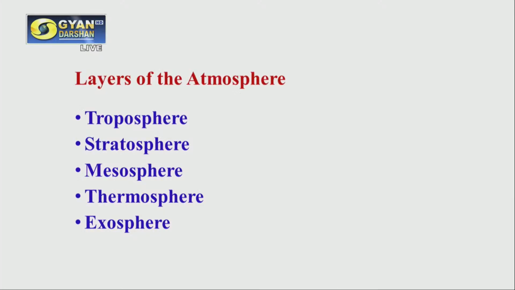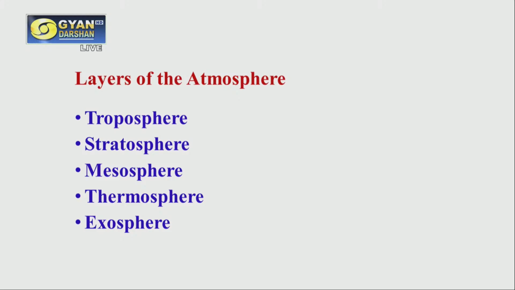Now let us talk about the layers of the atmosphere. As I told you, the atmosphere is a thin veil or blanket of gases around our planet. But this is not a single layer. Again, this layer is made of many layers. You can divide it broadly into 5 sub-layers.